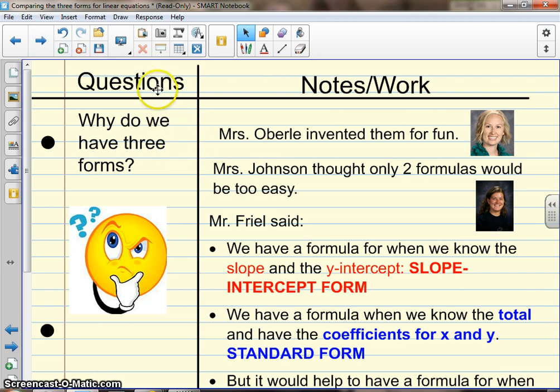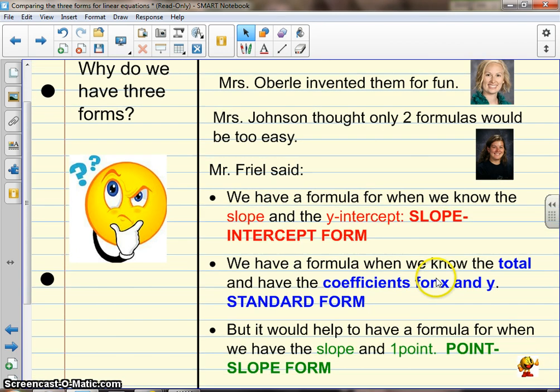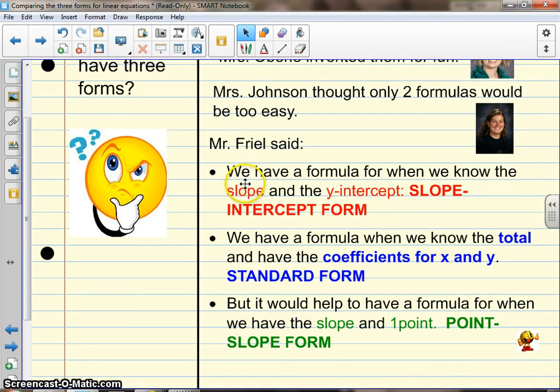Next, we have some more questions. Why do we have these three forms? Well, as you see, Miss Oberly, some of you have her as a teacher. She invented them for fun. Maybe that's true. Miss Johnson thought that only two formulas would be too easy. And then finally, Mr. Friel said, we have a formula for when we know the slope and the y-intercept, that's slope-intercept form.